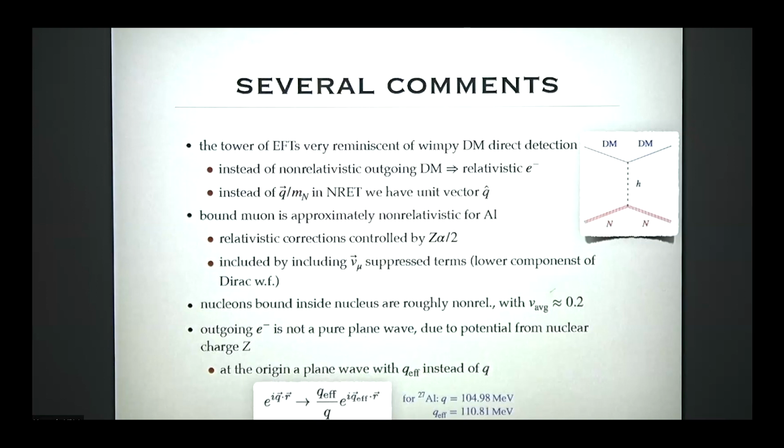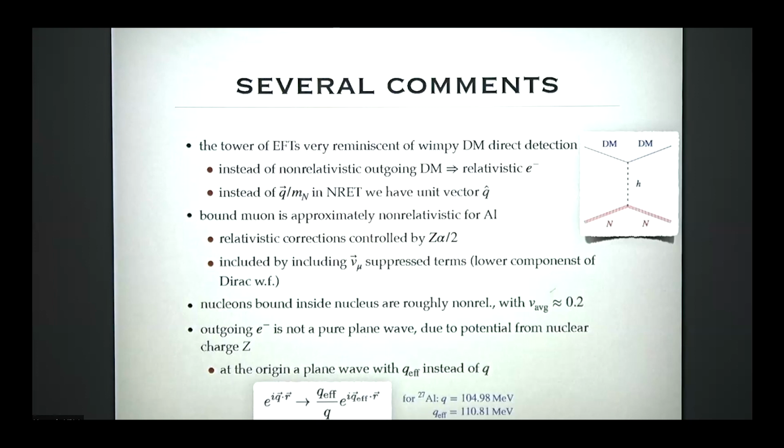The muon's initial state is kind of reminiscent of a non-relativistic dark matter. So it is non-relativistic. If you go to heavier nuclei, this will become less and less of a good approximation.